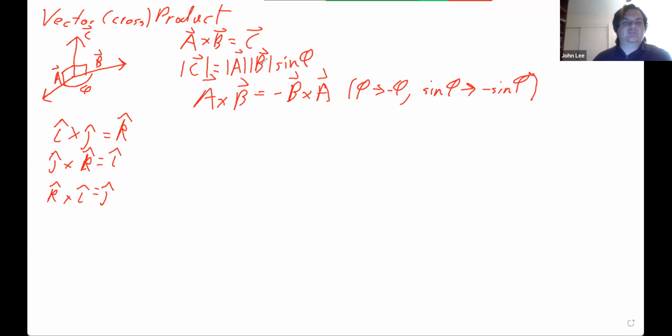So it's 1 times 1 times 1 equals C, and then it's pointing just in the K direction, and the I direction, and the J direction.